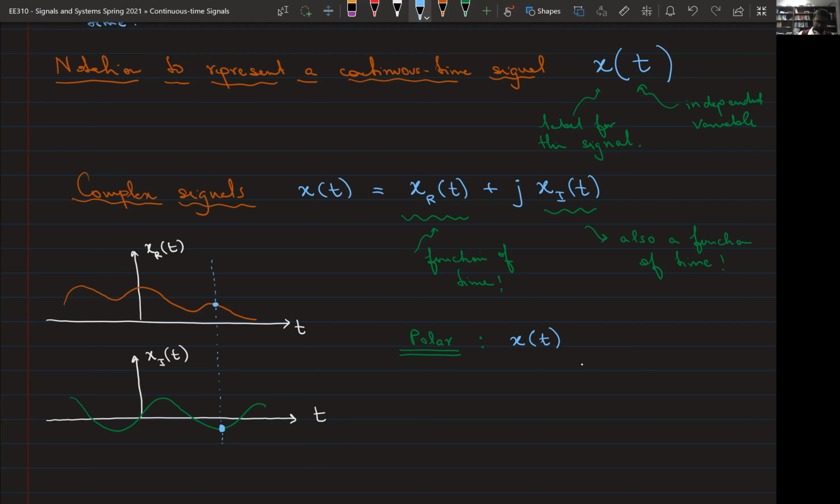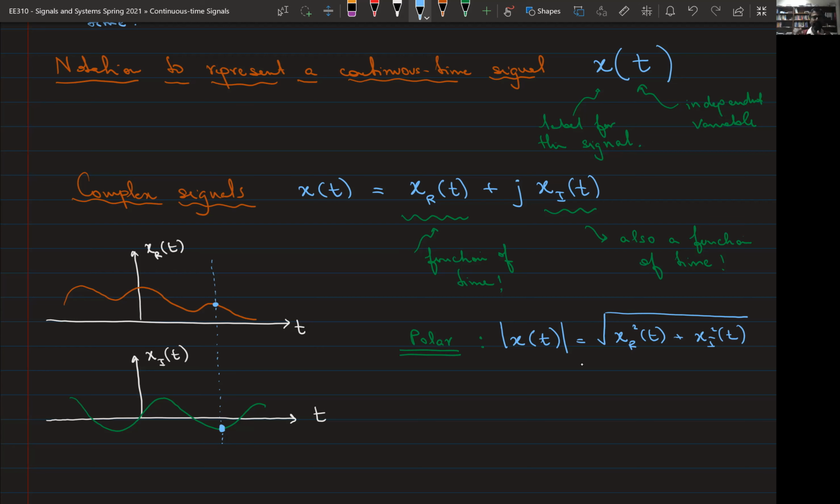Okay, so what if I told you this? If I were to compute the magnitude of this, I would just say, okay, this is the square root of xr squared of t plus xi squared of t. Can I say this? In other words, if I square xr of t and square xi of t, add both of them and then take the square root, what do I get at the end of the day?